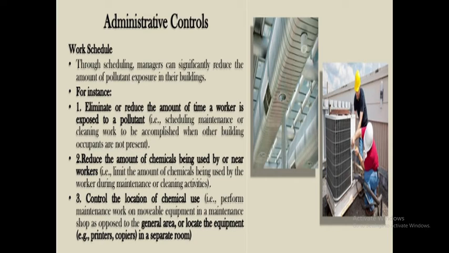Schedule maintenance or cleaning work to be accomplished when other building occupants are not present. Next, reduce the amount of chemicals being used by or near workers, that is, limit the amount of chemicals being used by the worker during maintenance or cleaning activities.